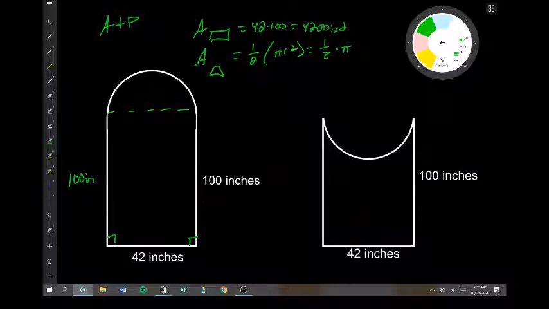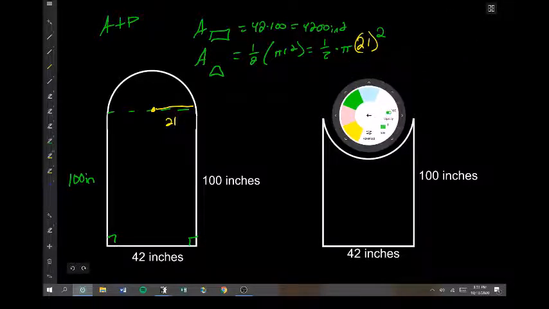Do you know what the radius is? Well, if this is 42, then the radius is 21. So it's 1/2 times pi times 21 squared. Pi r squared cut in half.